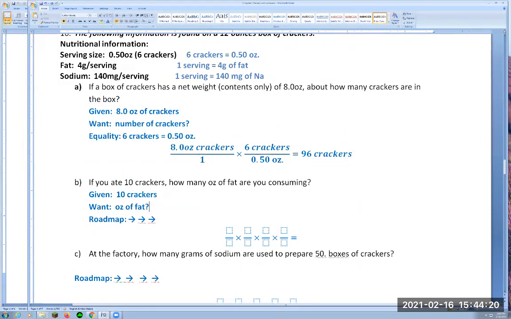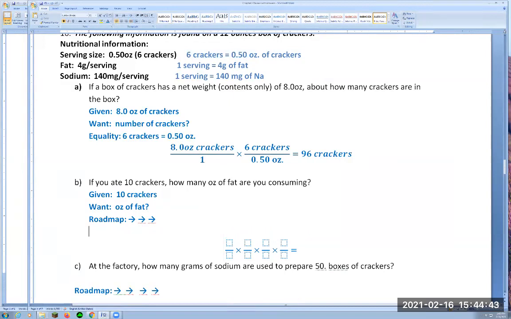So we do not have a direct relationship between a number of crackers and ounces of fat, because we have crackers to ounces, but that's ounces of crackers, right? So we can start by doing a conversion from crackers to ounces of crackers. So we can use this equality there.